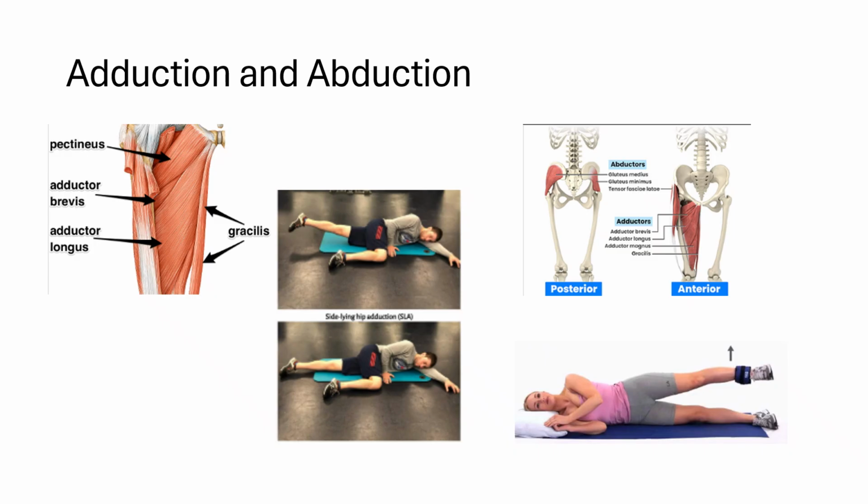The muscles that are being worked in exercises like the seated adduction exercise are the pectineus, adductor longus, gracilis, and adductor magnus. With the lying abduction exercises, which you can do with a band or a weight around your ankles, these are the things that work the gluteus maximus, gluteus medius, and the tensor fasciae latae.